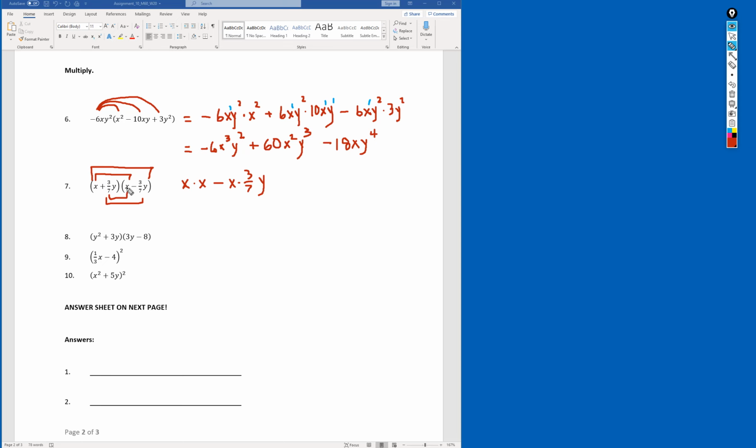So we could write that as plus x times 3/7 y. And then the last is 3/7 y times negative 3/7 y. So this is going to be minus 3/7 y times 3/7 y.